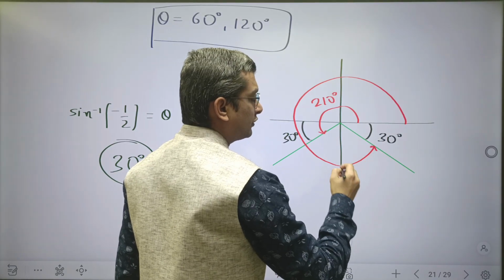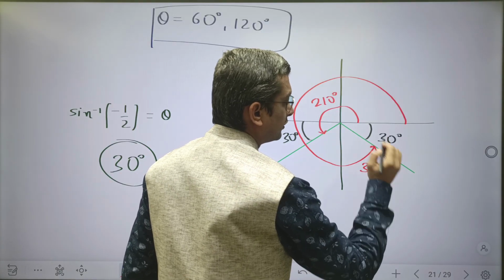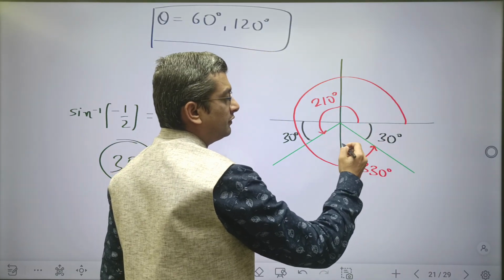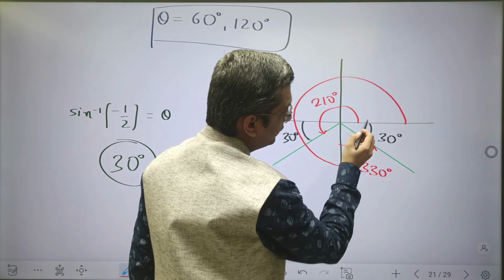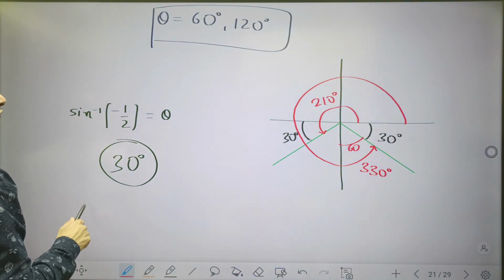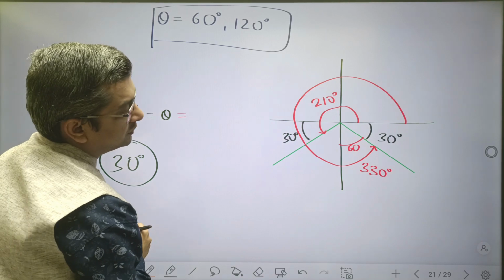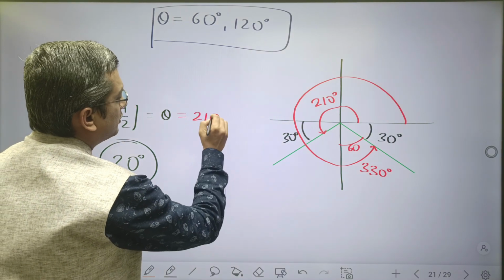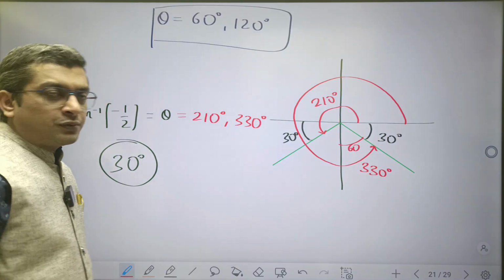So 270 plus 60 is 330 degrees. So the angle of this line with reference to the reference line is 330 degrees. So the angle is given by either 210 degrees or 330 degrees. So this is the procedure.